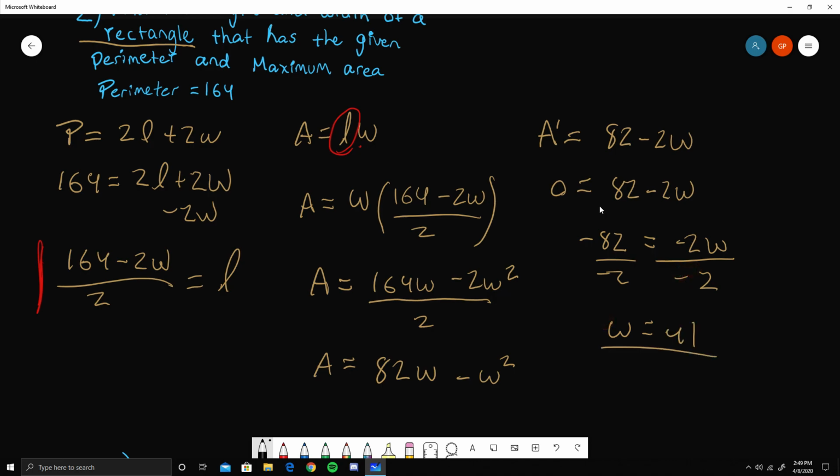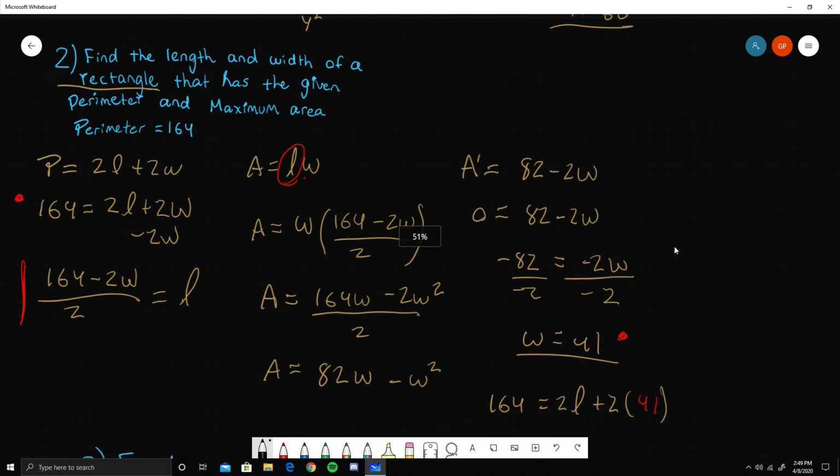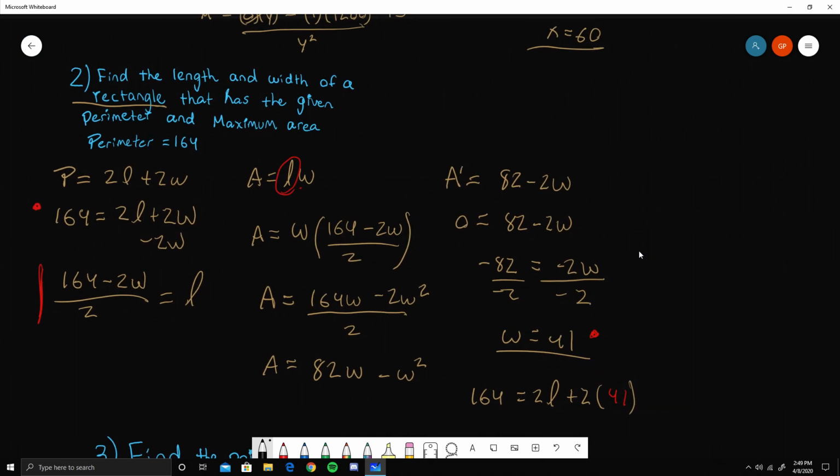So now what I need to do is plug this into this equation to find my L. So I'm going to do that right now, and I'm going to get that 164 is equal to 2 times L plus 2 times 41, or equals 2L plus 82.